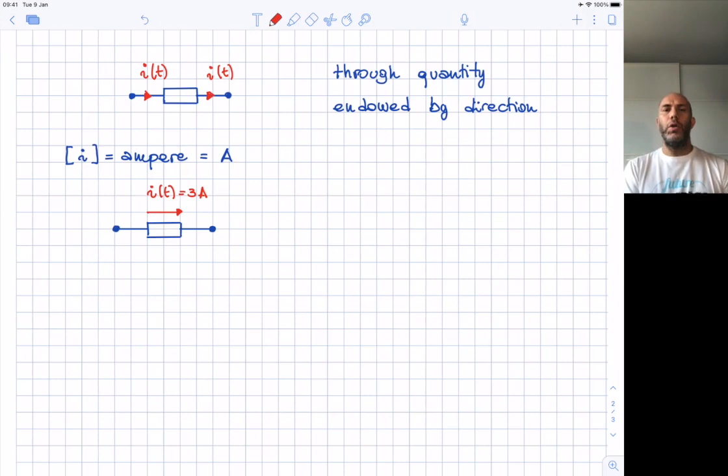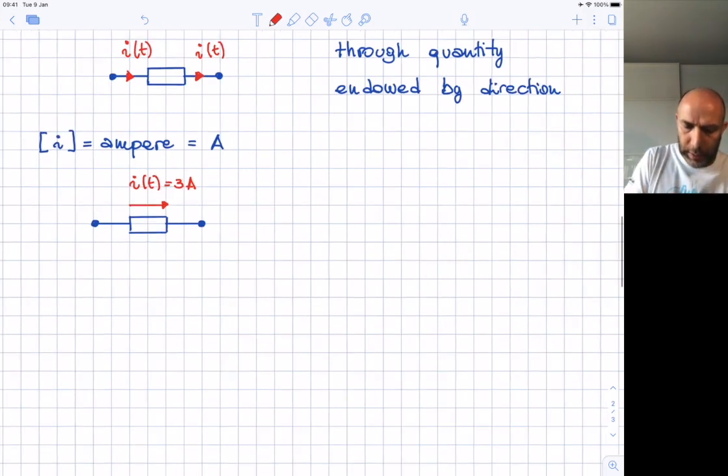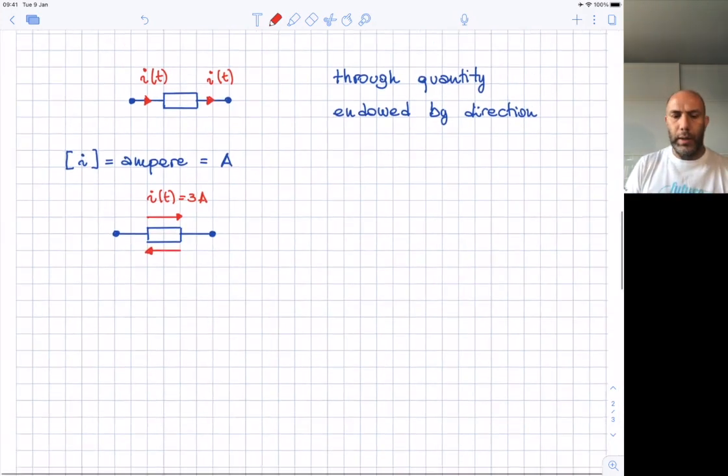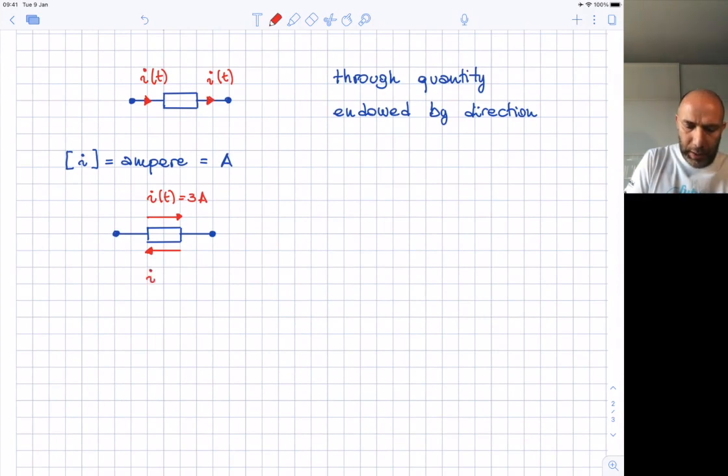What we can also say is that if we consider the current that is flowing with the opposite direction, so the current that is flowing from the right to the left, this current must be similar to the previous one, has the same magnitude, but it is opposite in sign.